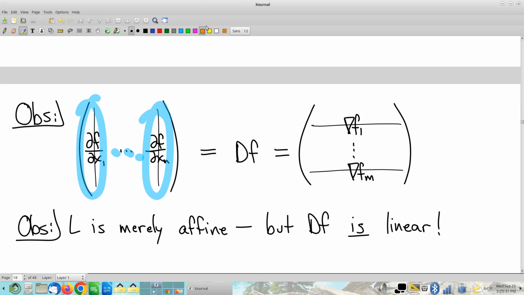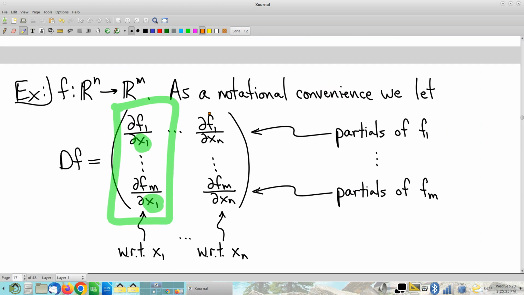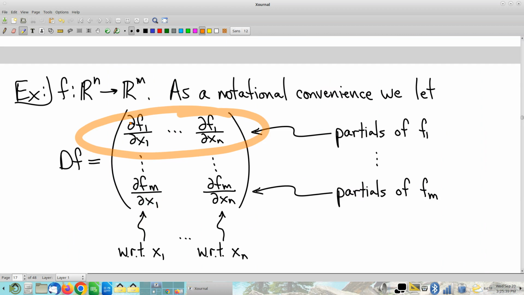Also, let's look at the first row here. And apparently I'm taking various partials of f1, f1 being the real valued first coordinate function of f. So all of the different partial derivatives, you'll notice, x1 through xn, all of the different partial derivatives of this real valued function. Where have I heard that phrase before?